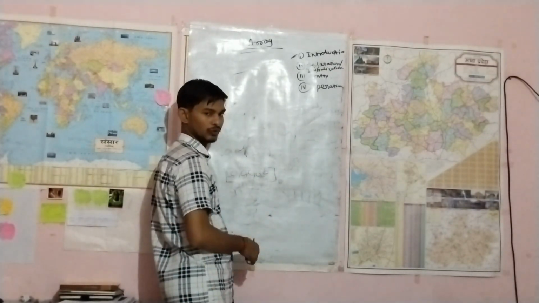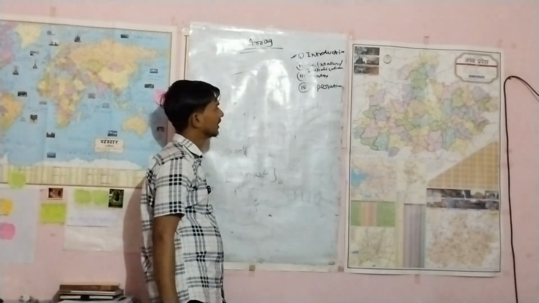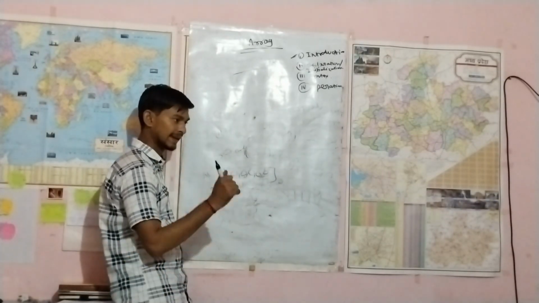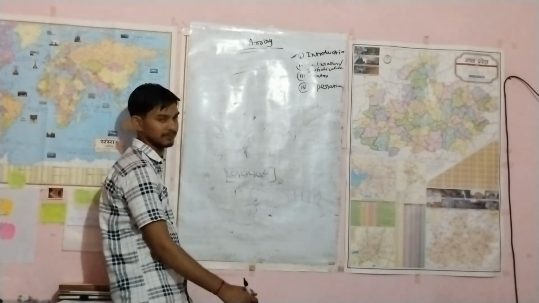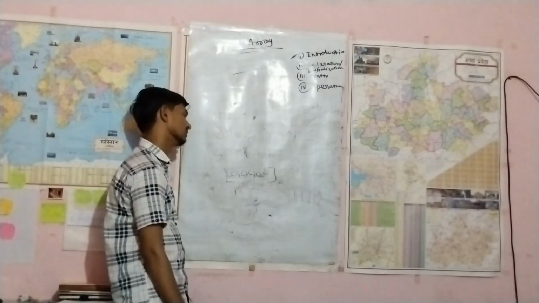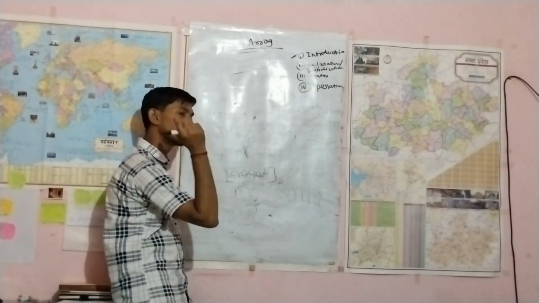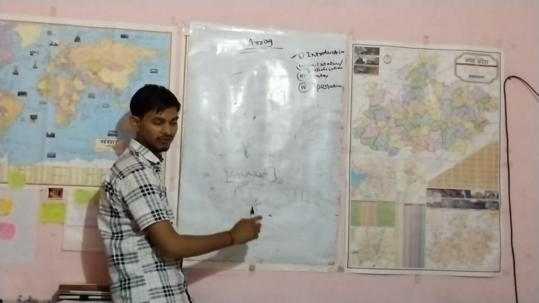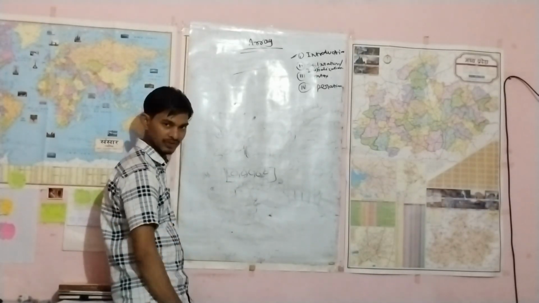It takes the default value 0 if you don't initialize the array. It is also valid if you forget to put a value at any index number: it will take the default value 0 at that index number, right?